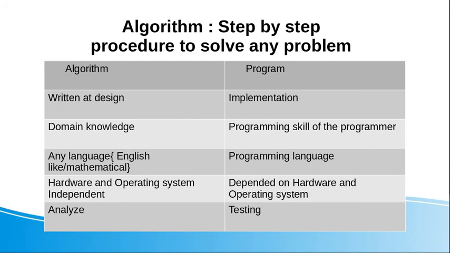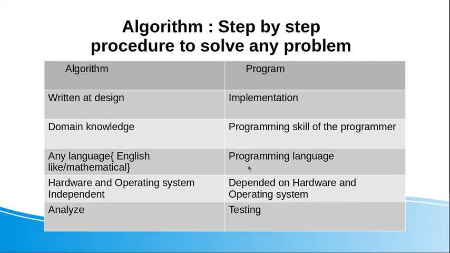An algorithm is written at design time and a program is written at implementation time. Domain knowledge is required for writing any algorithm, but for a program, the programming skill of the programmer is enough to write it. The language used in an algorithm is either English-like language or mathematical notation.